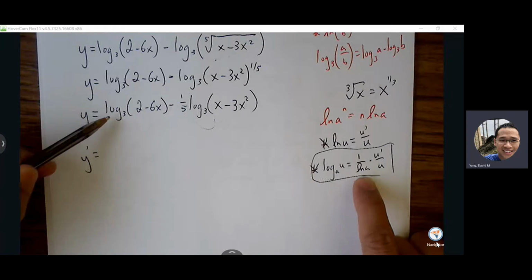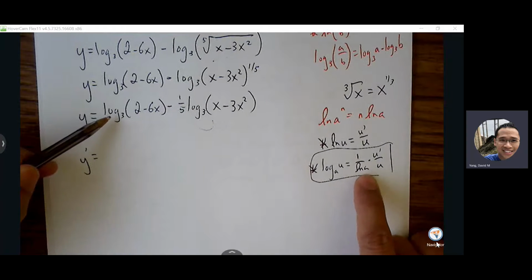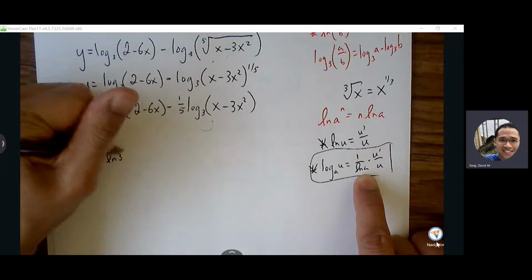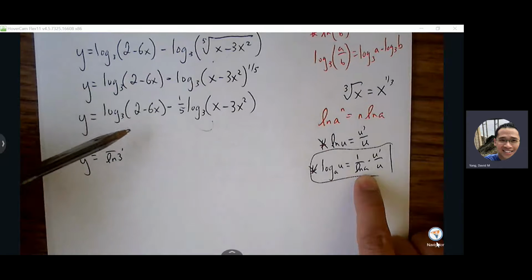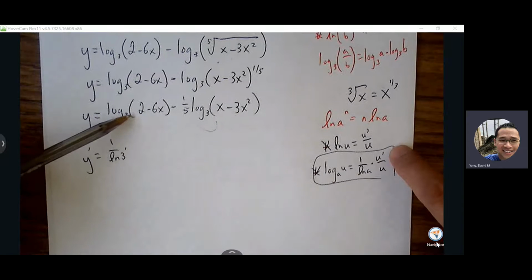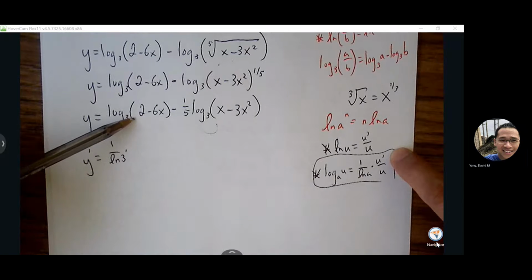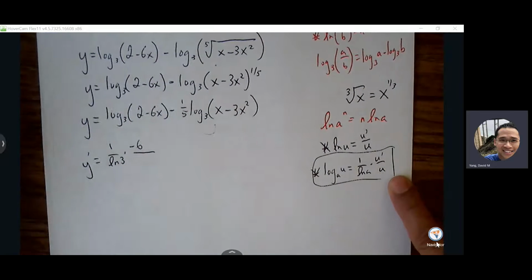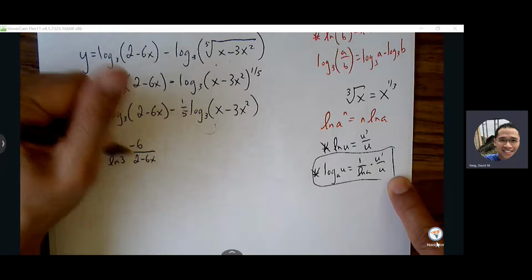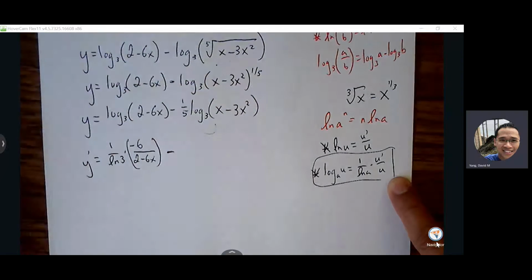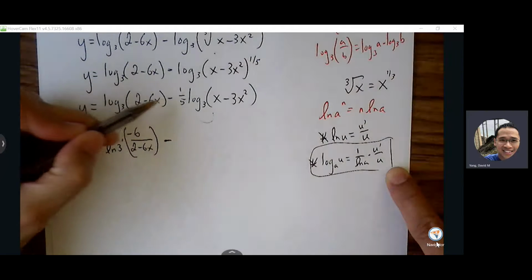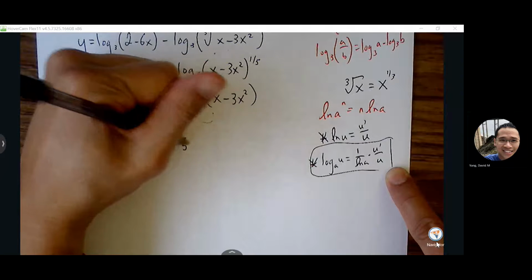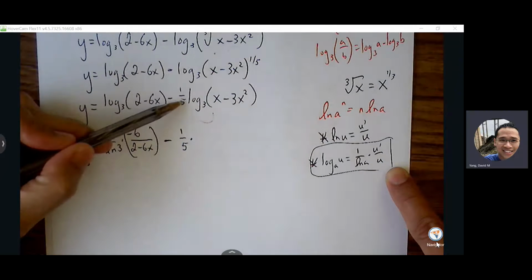So in this case, our base is 3, so we'll just apply the rule for base 3. Okay, so log base 3, what needs to come first? Okay, and now it's going to feel like your natural log rule. u prime over u. What's u prime? 1/5 is the coefficient. That's just going to stay. Log base 3.